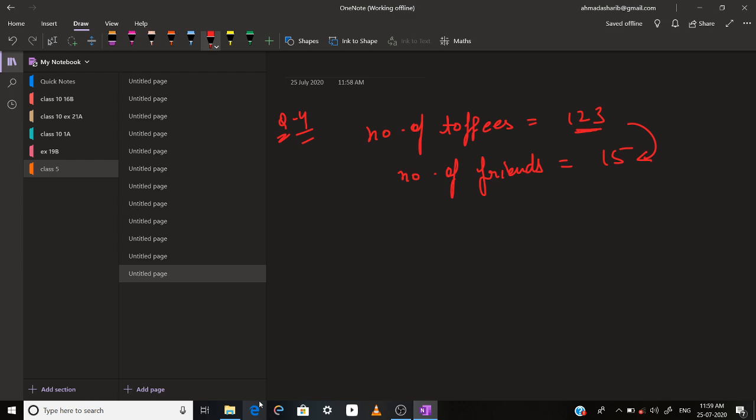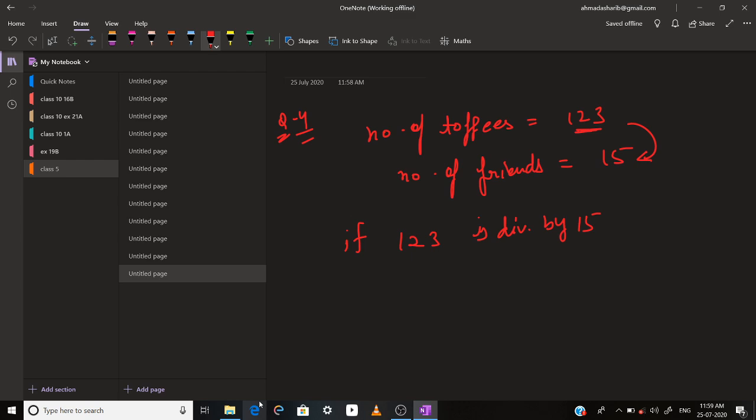In order to find the answer, we have to check if 123 is divisible by 15. And how to check divisibility by 15? I have told you, if the number is divisible by 3 and 5, then the whole number is divisible by 15.